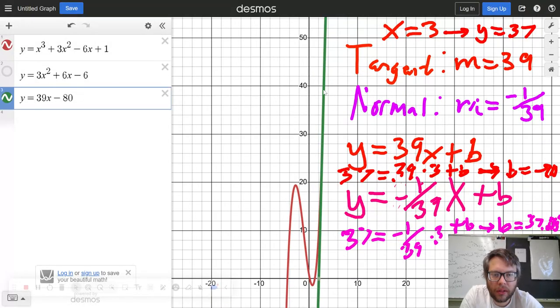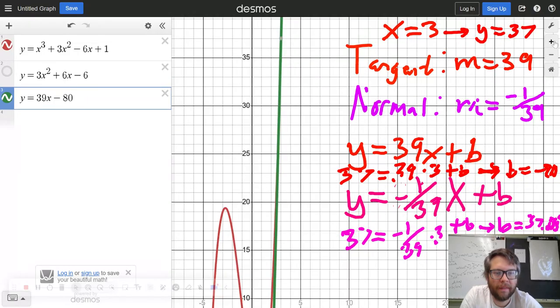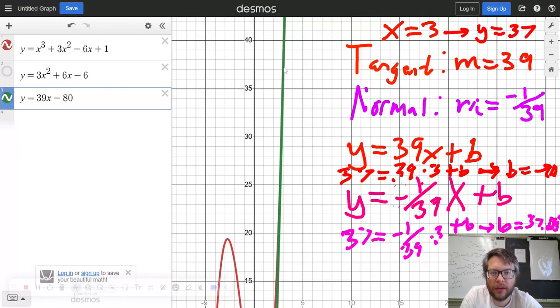Right here at 3, the two graphs touch each other just barely. They're so close to each other, you can barely even tell them apart. See at 3, 37, the two graphs touch each other, and the green graph is going in the same direction as the red curve.